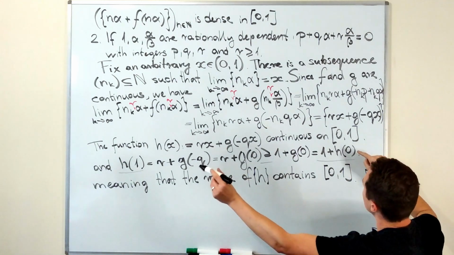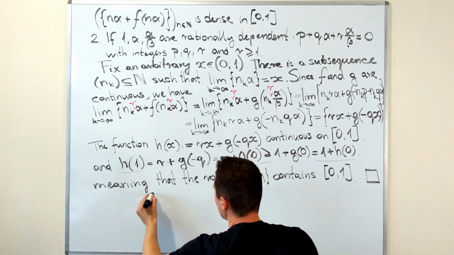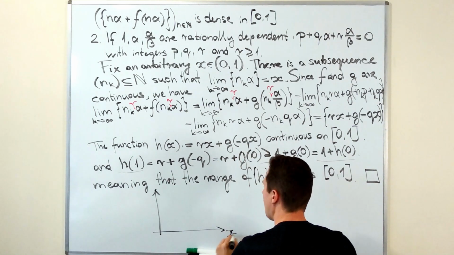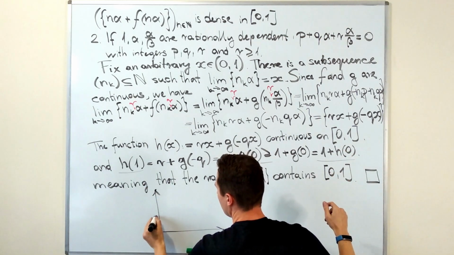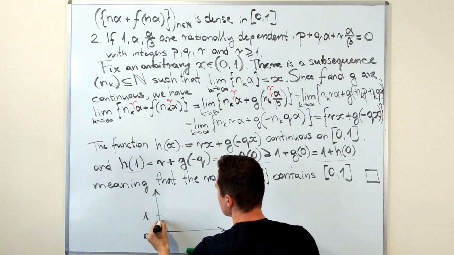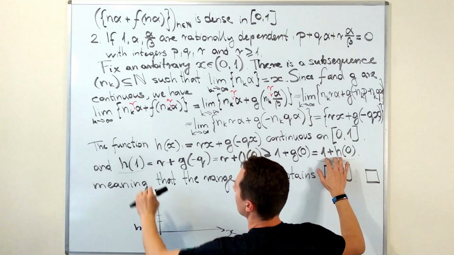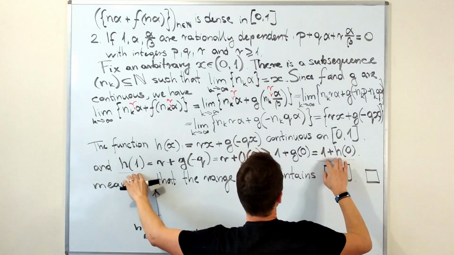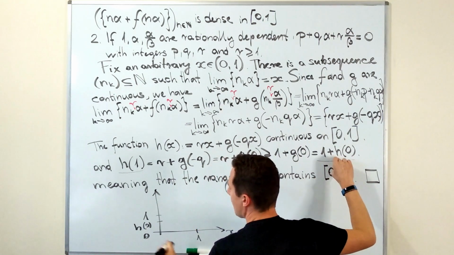Let me draw a quick diagram to help you with this last point. If I have this function h, on 0 to 1 over here, and here is my h of 0, then h of 1, the value of h at 1, should be greater than or equal to 1 plus h of 0.